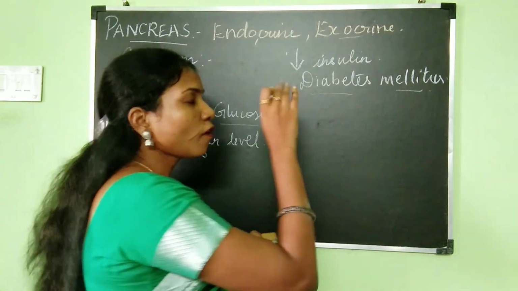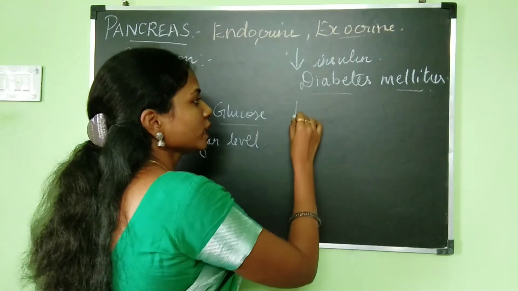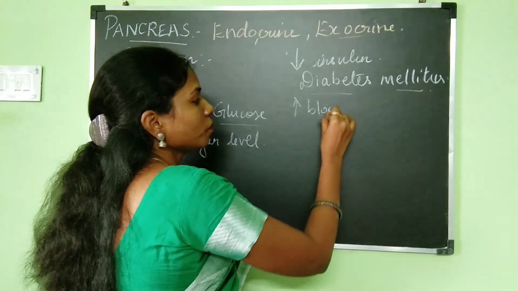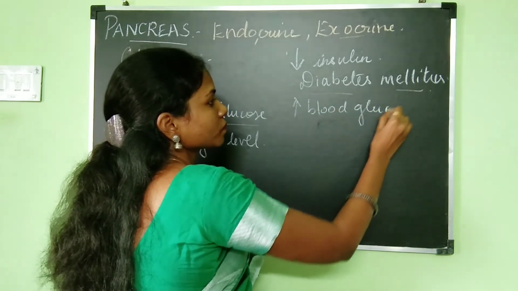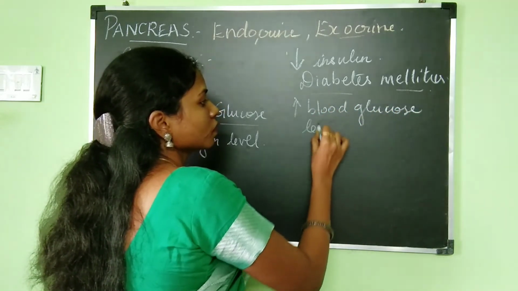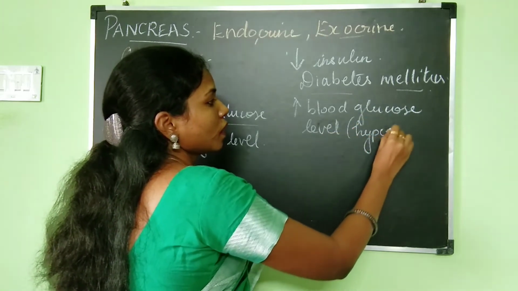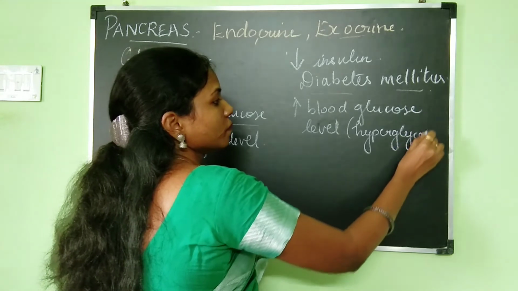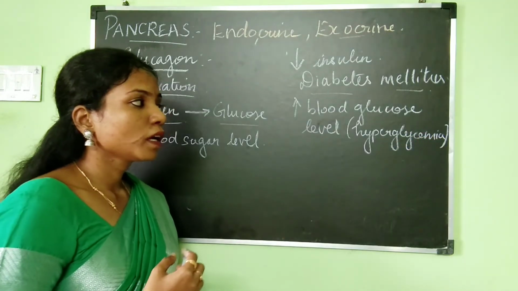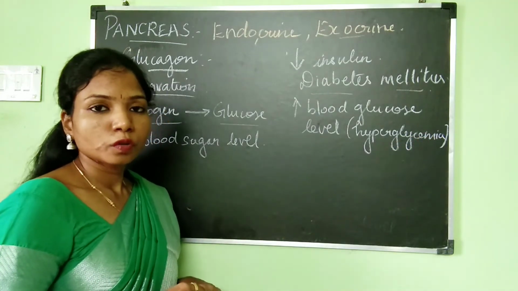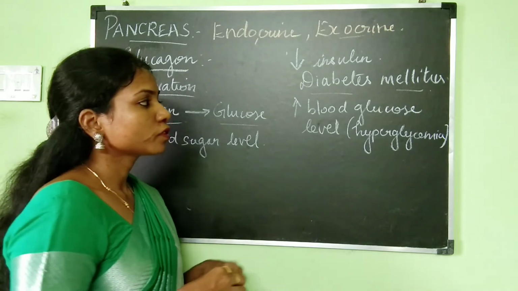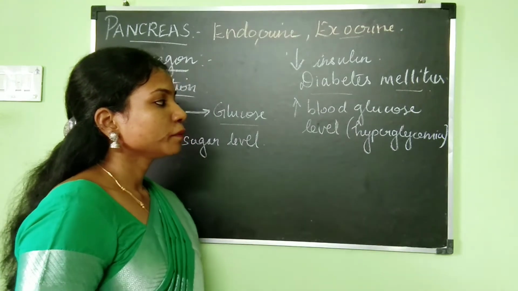Okay, so lack of insulin will lead to increase in blood glucose level. This is known as hyperglycemia. Hyperglycemia is more amount of glucose in the bloodstream.